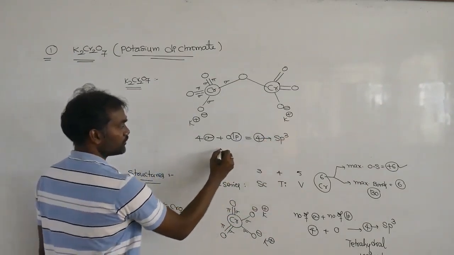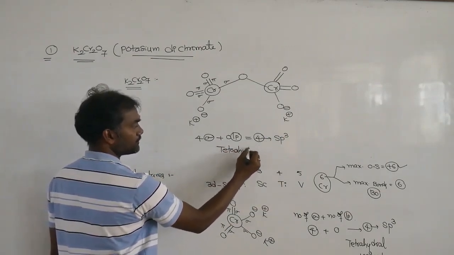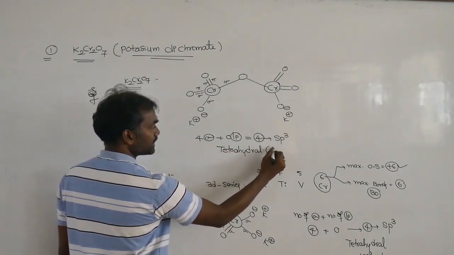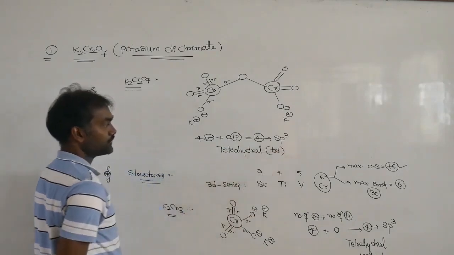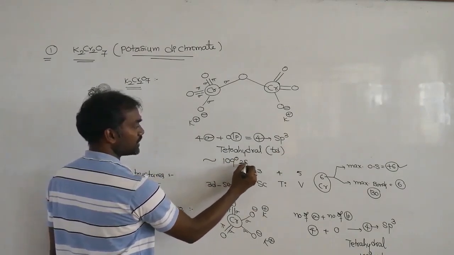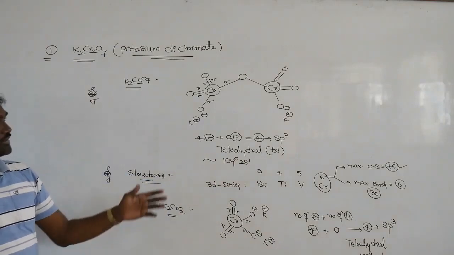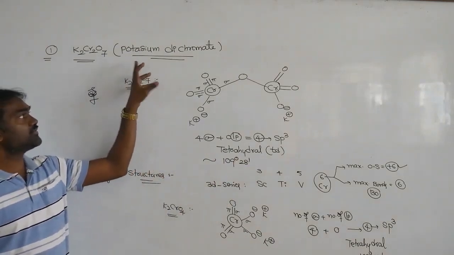Same. 4 means 0 lone pairs, so the structure is tetrahedral. In some books they show it as Td. Don't confuse; tetrahedral bond angle is 109 degrees 28 minutes. Okay. In the next class we will discuss the chemical properties of potassium dichromate.